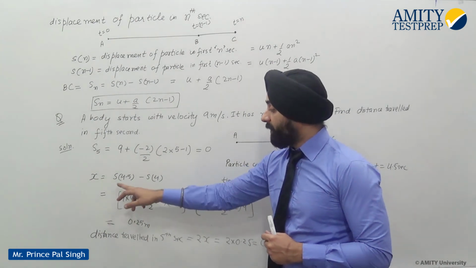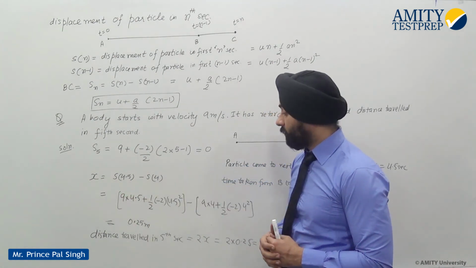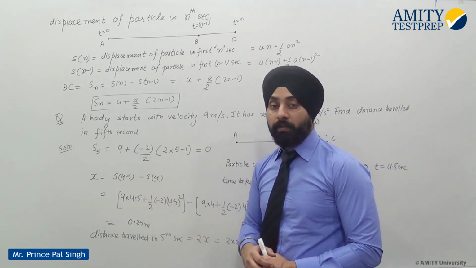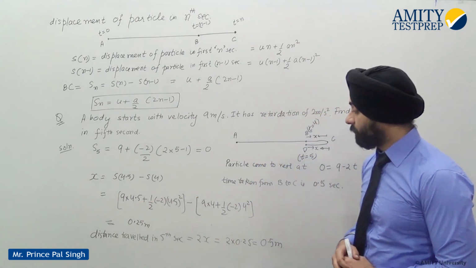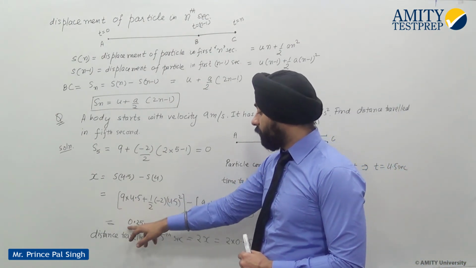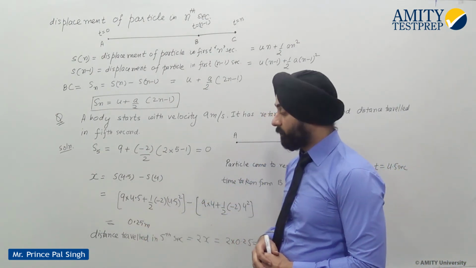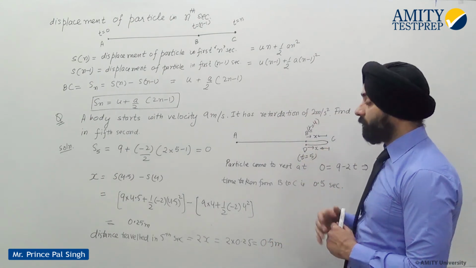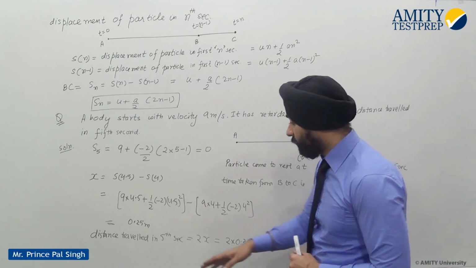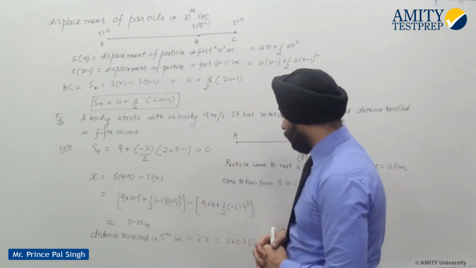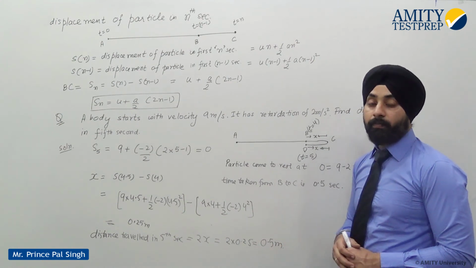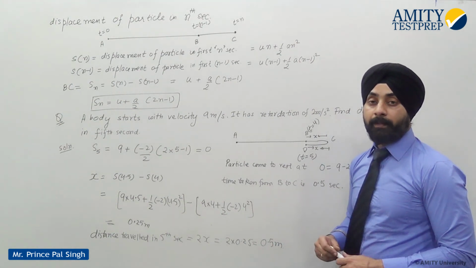So x equal to S4.5 minus S4. On solving this, using the second equation ut plus half at square, we get x equal to 0.25 meters, and this is 0.25 meter B to C, and C to D is again 0.25 meter. So the total distance travelled in the 5th second is 2 times x, that is 2 into 0.25, equal to 0.5 meter. Thanks.